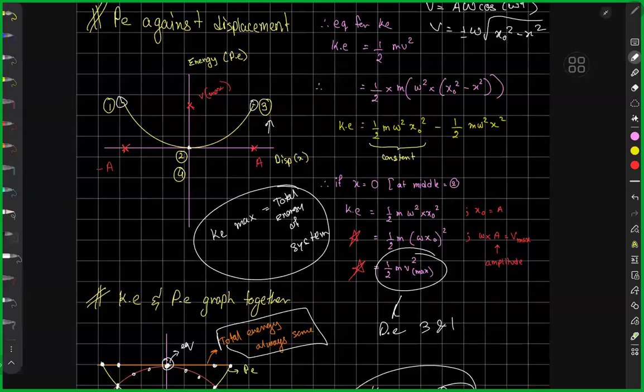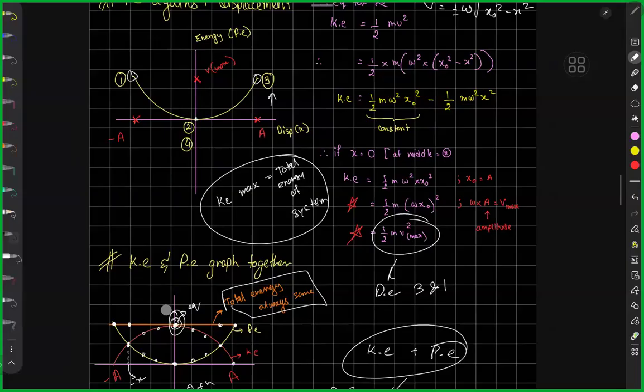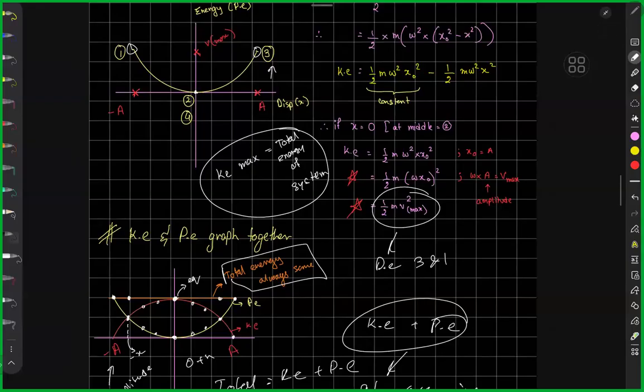Whatever the maximum value of kinetic energy is, that is over here at the equilibrium position, equals the total energy of the system. Give me a thumbs up if you agree, or thumbs down if you don't agree. Quick. Okay. Others?